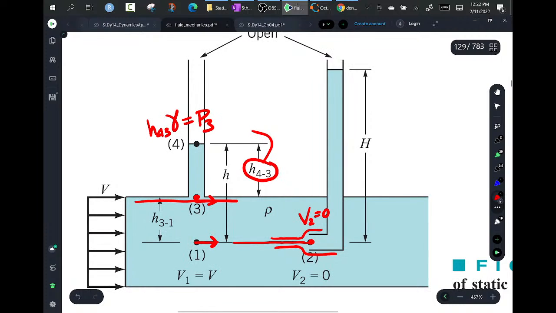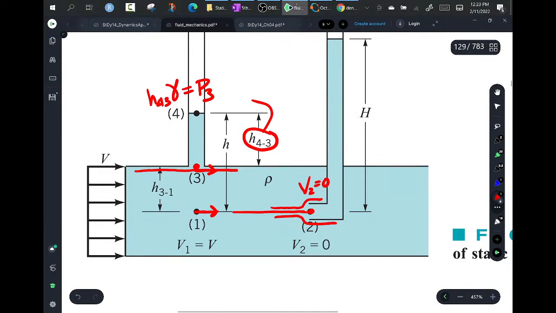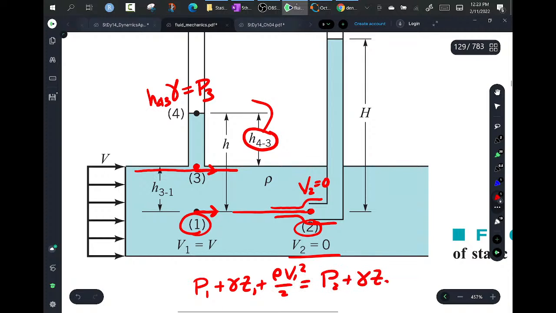Now, if I write Bernoulli's equation between 1 and 2, and he has that listed right there. There is no change in elevation. Now, this term, gone.